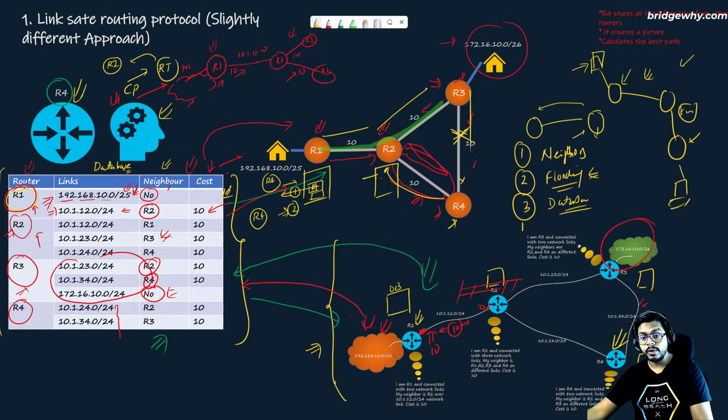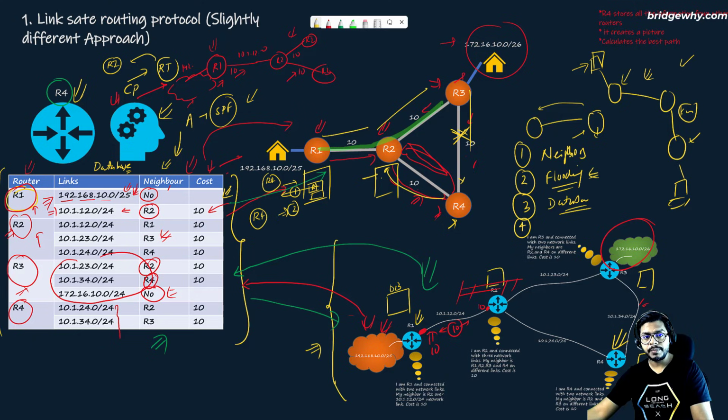And number four, because I haven't explained the term area, my last statement could be wrong, that the database is going to be the same across the topology, right? It should be inside an area, okay? But if you don't get it, that is perfectly fine. Step number four, once we have this database, what we are going to do on this database is run the algorithm which we call the shortest path first algorithm, which was created by Mr. Dijkstra, right?